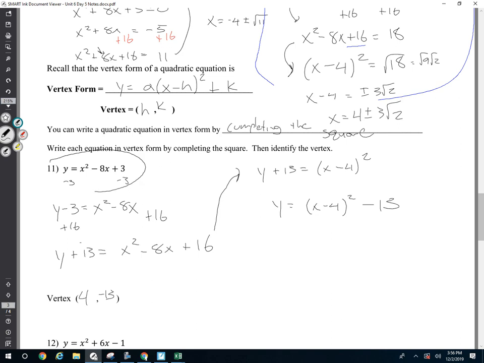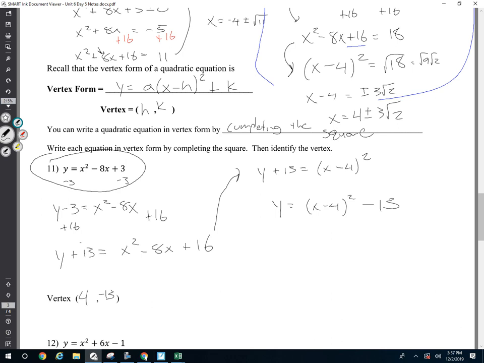Now, graph this equation for me. This is the vertex at 4, negative 13. Graph x squared minus 8x plus 3. Is the vertex at 4, negative 13?